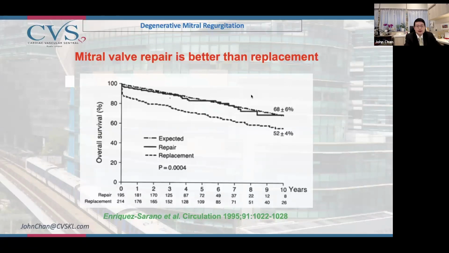In fact, you can see from this study that those patients who had mitral valve repair live the same as those who had no underlying heart condition. So in other words, we are able to restore the life expectancy of the patient back to a normal, healthy patient following a mitral valve repair surgery.